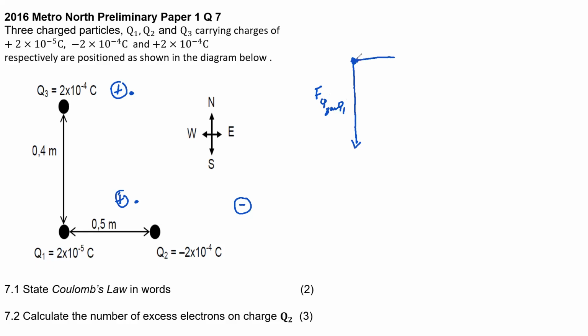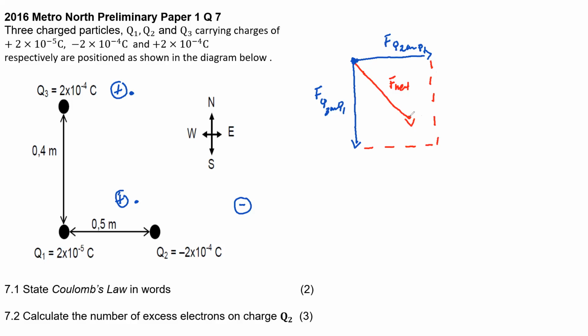So it's the direction to the right, or we can say to the east, because they gave us the cardinal point. So force Q2 on Q1. As always, your free body diagram has your diagonal as your F net in this particular case. Finish it up nicely with the dotted line. Excuse the bad handwriting.